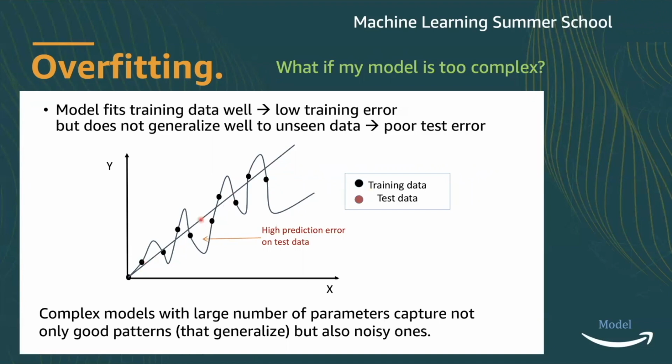And there are two models that you see. One is the straight line x equal to y, and the other is the high dimensional polynomial that literally passes through each and every one of those points in the training data.